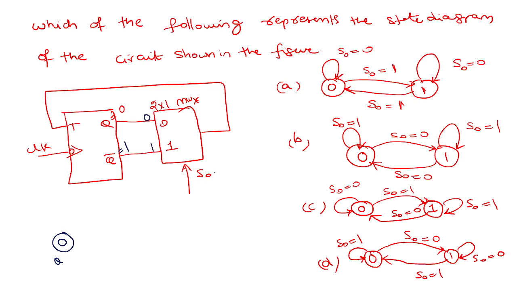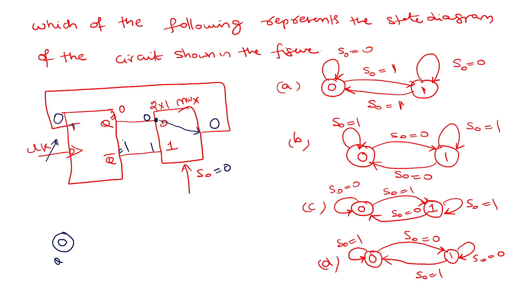Now, if you choose S naught equal to 0, what will happen? Let's say, for example, S naught equal to 0. This particular data will be passed. This 0 will be passed. If this 0 comes here, and assuming that the clock is available at that time, T is 0.